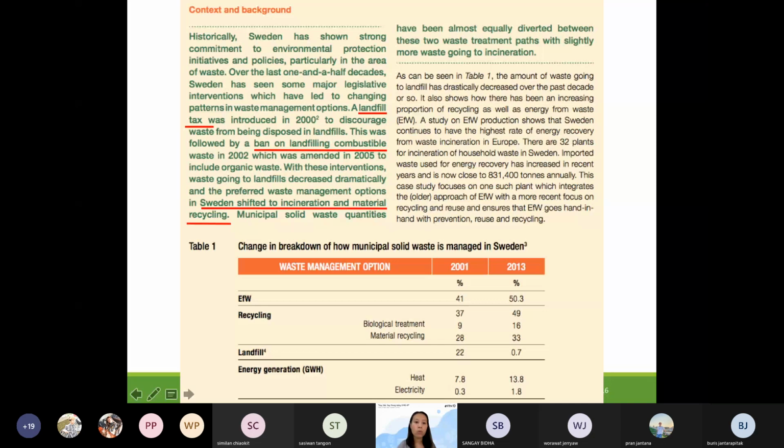They can use the benefit from waste, and also reduce the amount of landfill waste. That's why the land area used to operate landfills is reduced in Sweden.